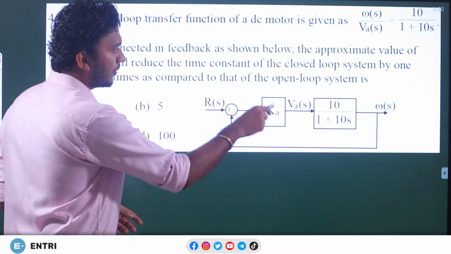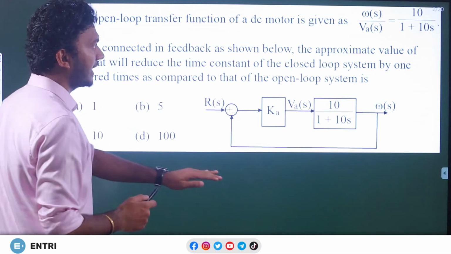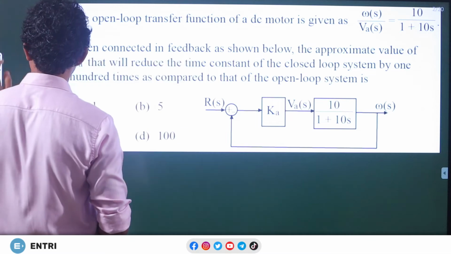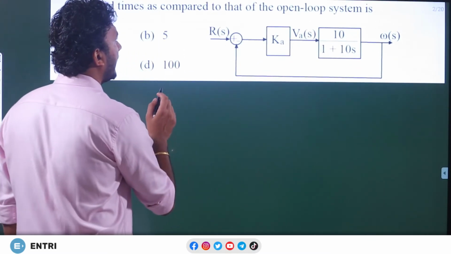Now what is our open loop transfer function? Again, this is a GATE question.